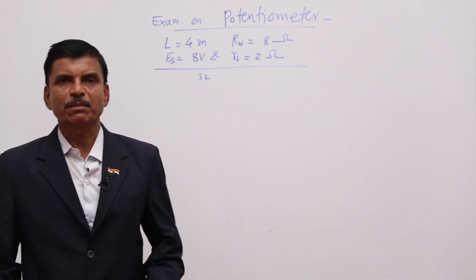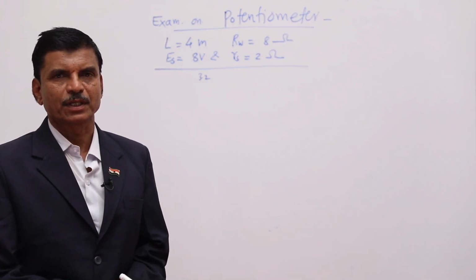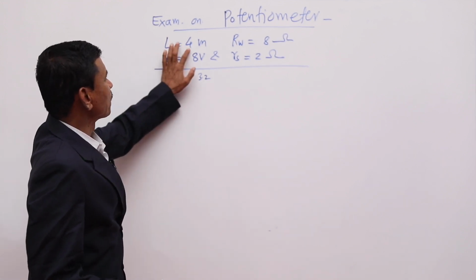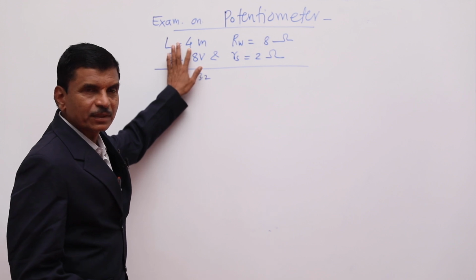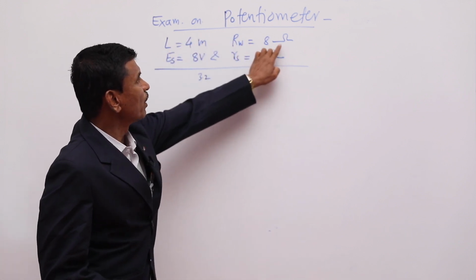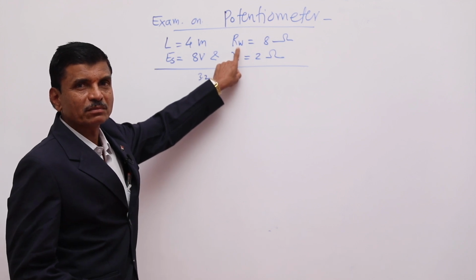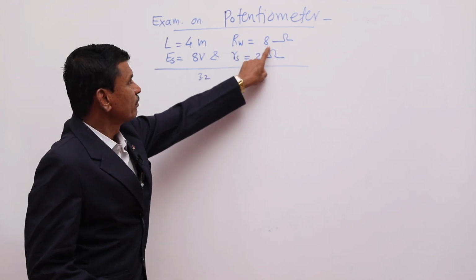Now we will solve an example on potentiometer. See here, what are the words? A potentiometer wire of length 4 meter, having resistance 8 ohm. We have denoted the resistance of the wire RW, 8 ohm.